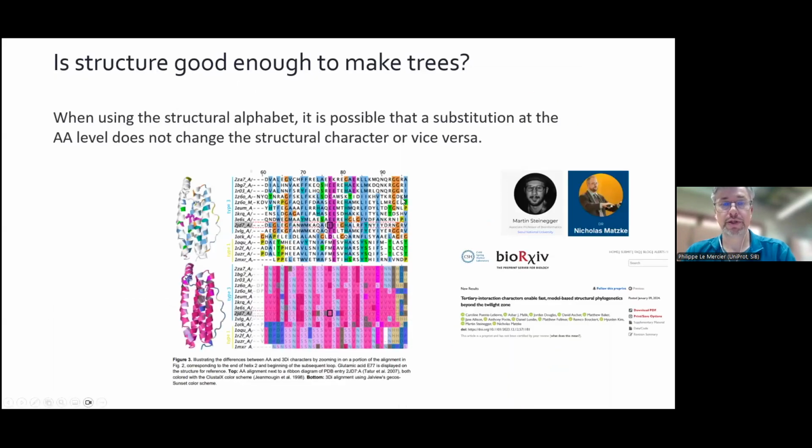But then you are losing a lot of information, because here you see this is the alpha helix with amino acids. When you transfer into the alphabet code for 3Di, which looks at the local environment, you are losing a lot of information, because here, for example, you can have much more diversity of amino acids than here, okay?